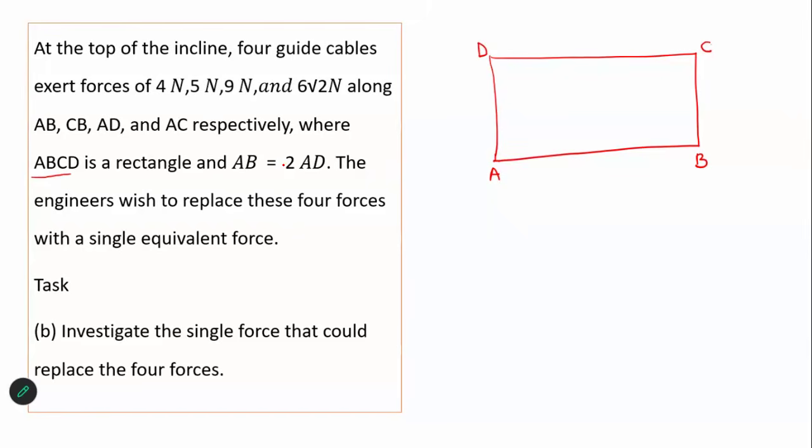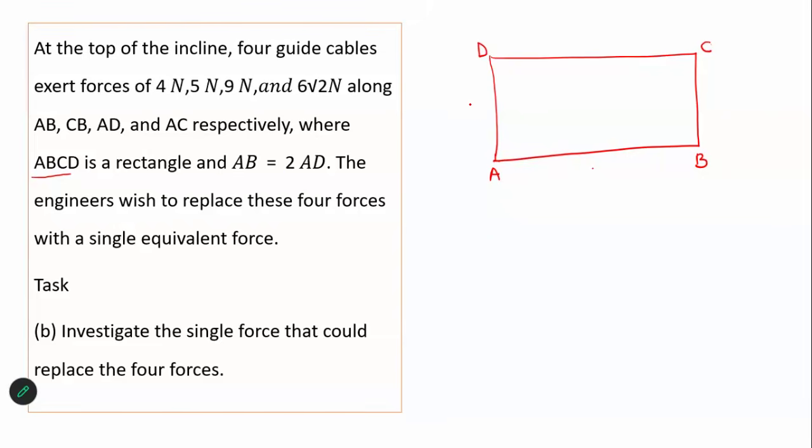So what are we going to do? They have told us that AB is twice AD. So what does it mean? In case AD is 1, then AB is going to be 2.